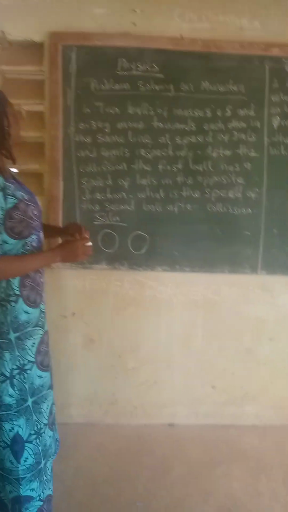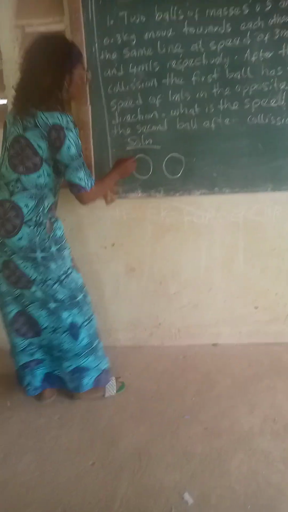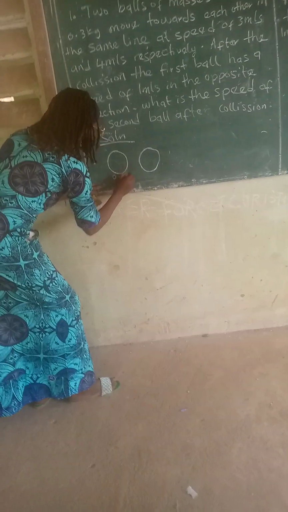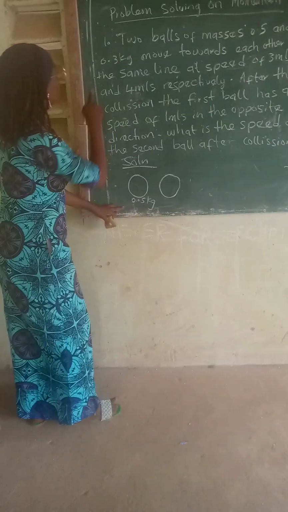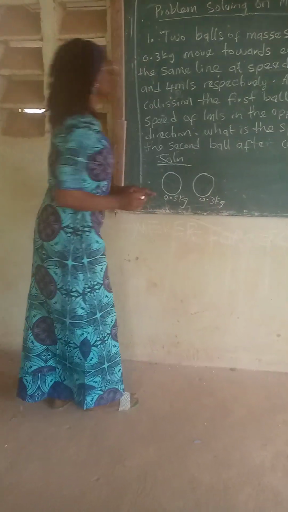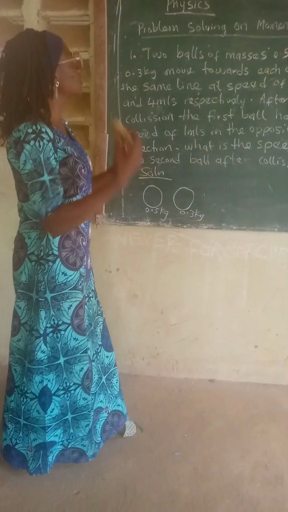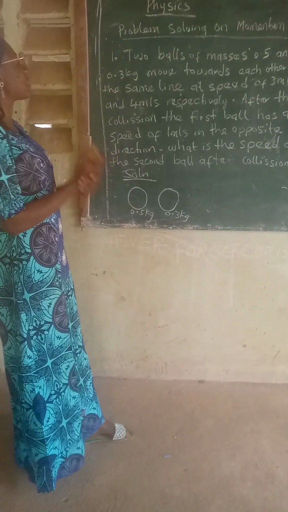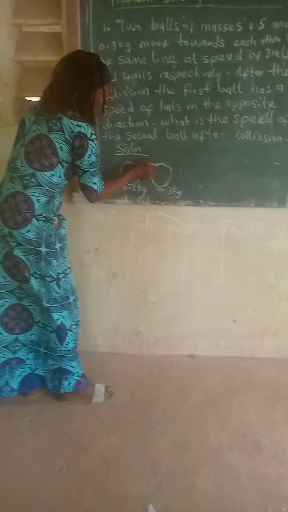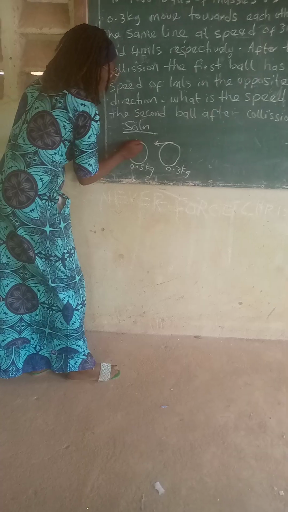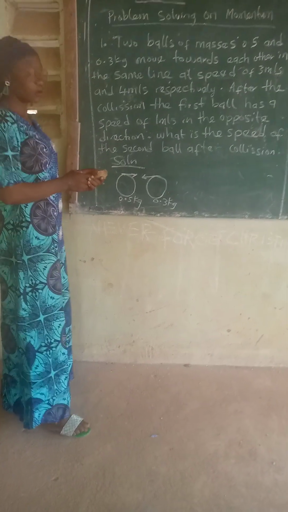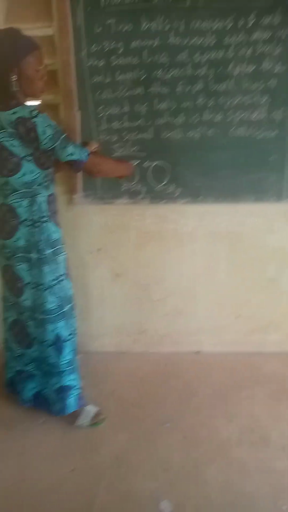Let's say this one is of mass 0.5 kg, and this is 0.3 kg. They move towards each other in the same line. It means the arrows are going to be this way. Can you see it?